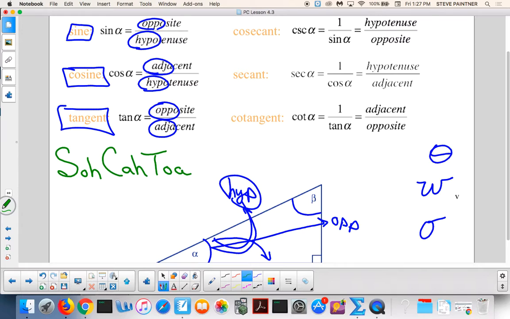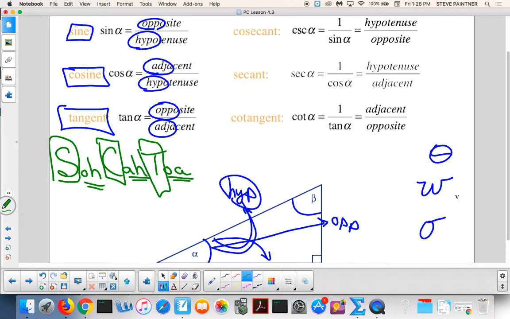SohCahToa just means capital S means what? Sine is what relationship? Opposite over hypotenuse. Cosine would be adjacent over hypotenuse. Tangent would be opposite over adjacent. That might help you. Put it on your test, put it on your quiz, or memorize it.